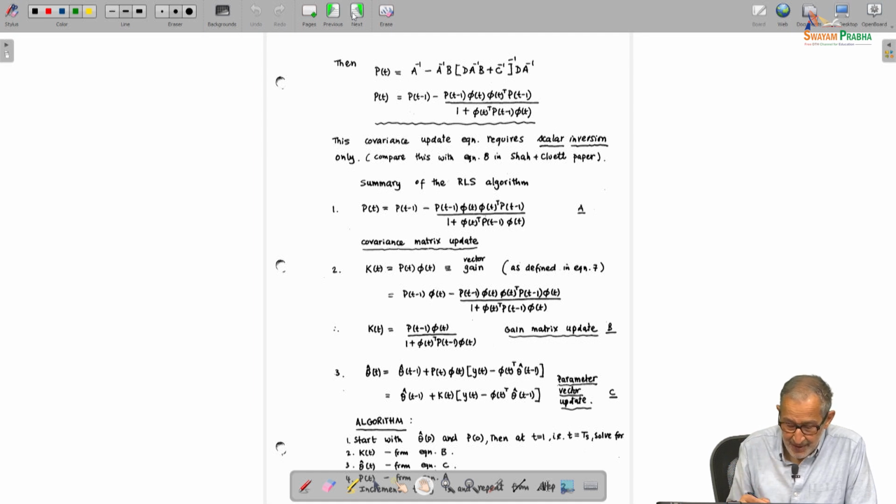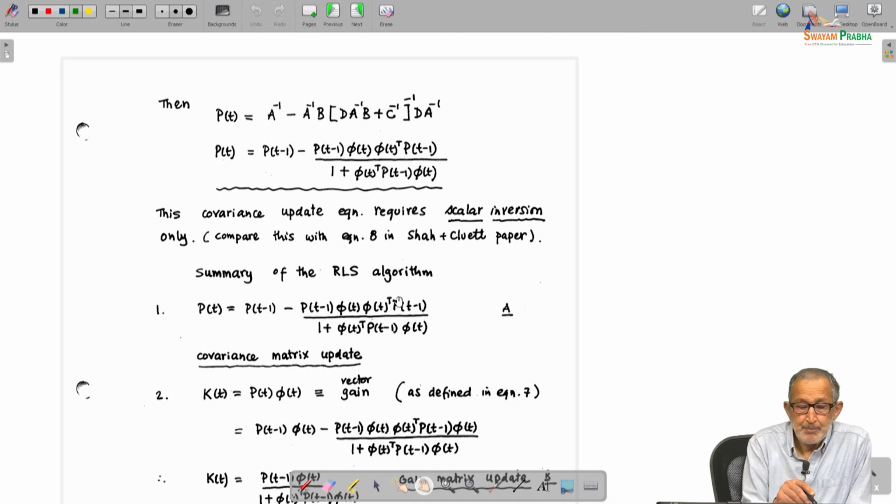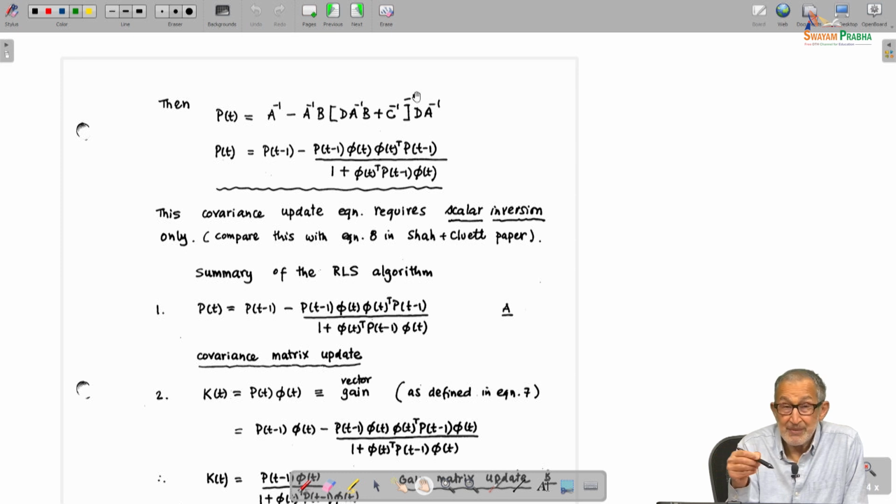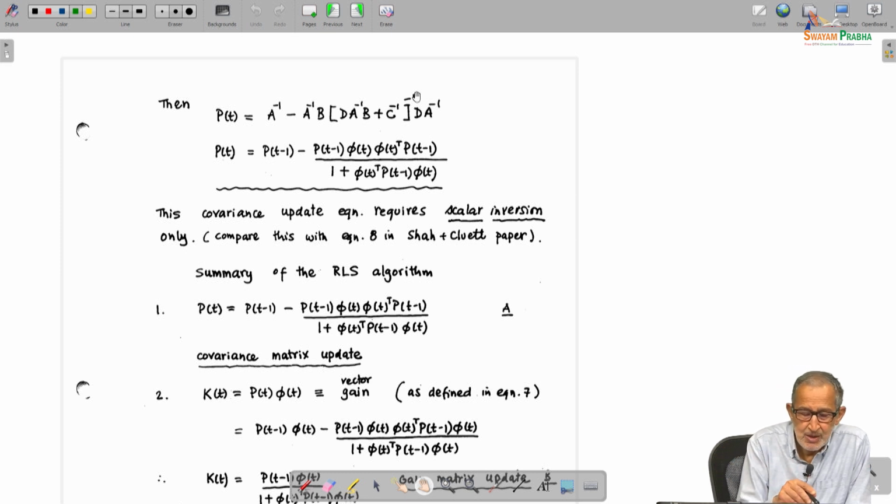If we go to the next page, then P t is shown at the top. So this is the minus 1 that was missing in the matrix inversion lemma. So make sure you take that into account. So if I want to compute P t, it is A inverse minus A inverse B times this expression. So if you plug in the values for A, B, C, and D, here is the expression that we get.